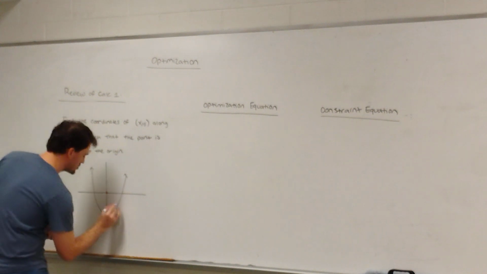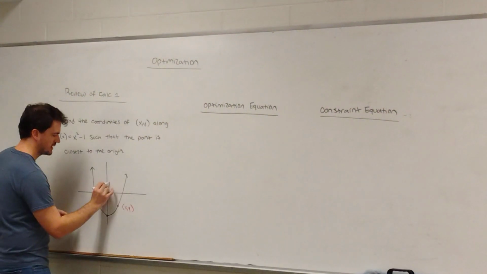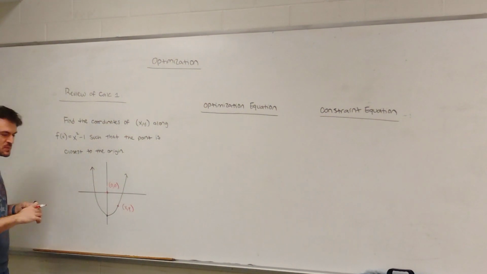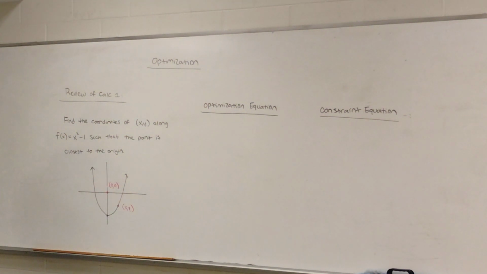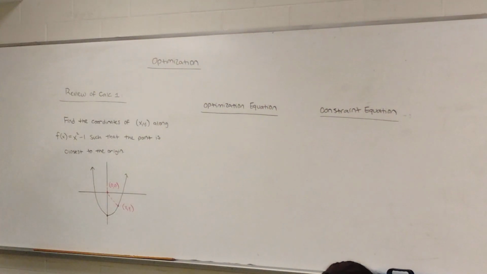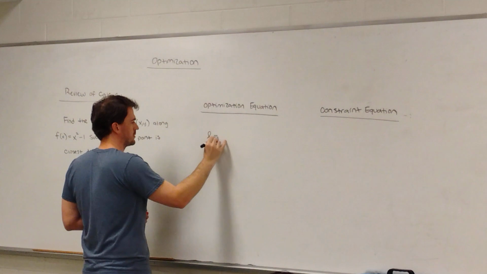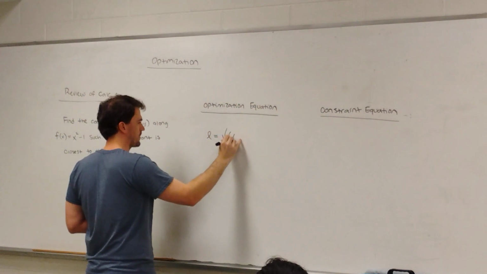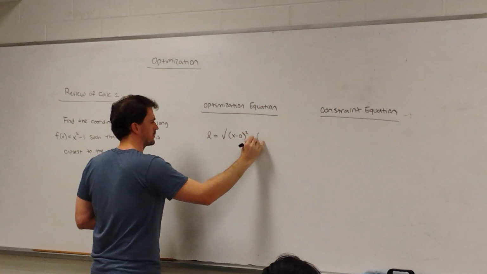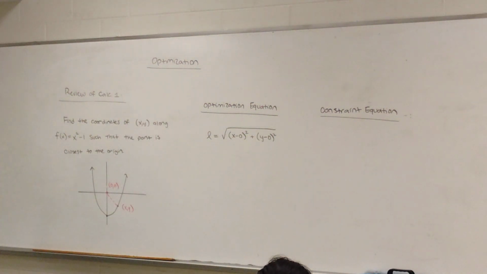You have some general point x comma y on the curve. And if I want to be closest to the origin, it's saying that you want the minimum distance from the origin to x comma y. So I'm thinking distance function. So distance you could call d, but in Calc 1 we're going to have to say d something over dx.